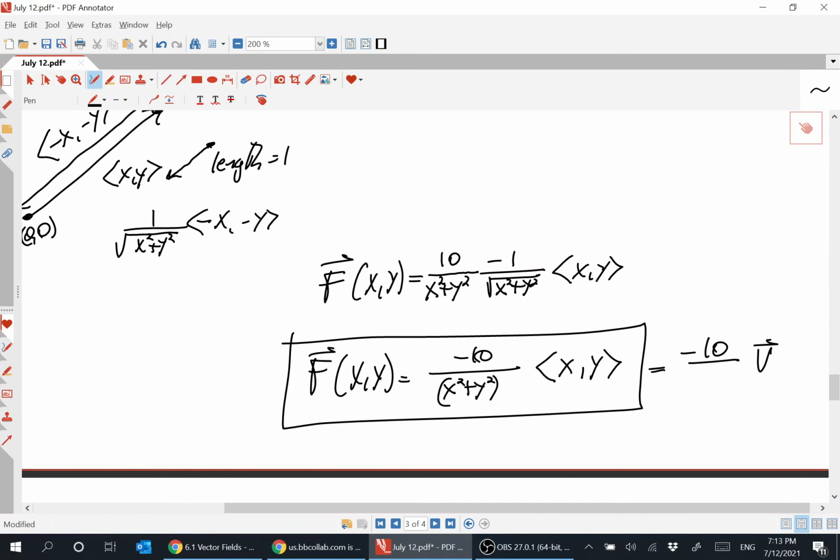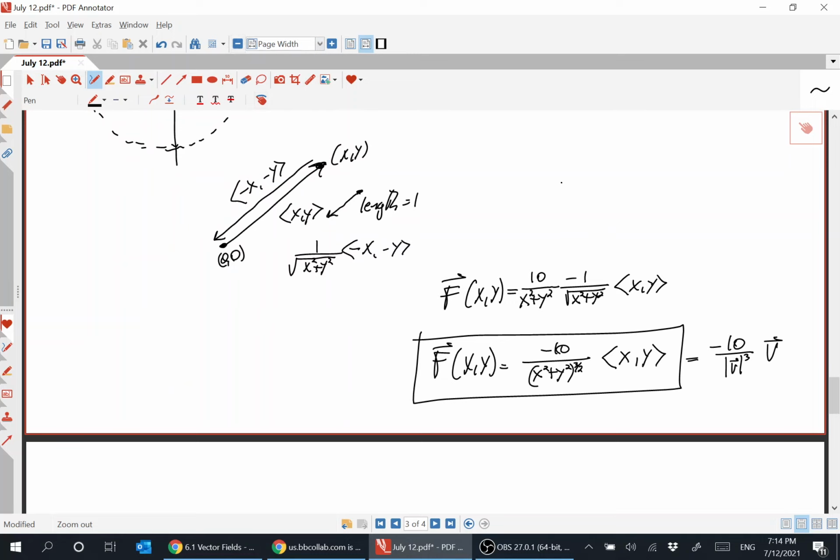What's that in terms of the length of v? The length of v is the square root of x squared plus y squared. So if you cube it, the square root of x squared plus y squared to the third, then you have the length of v to the third. Well, the vector field looks like that.